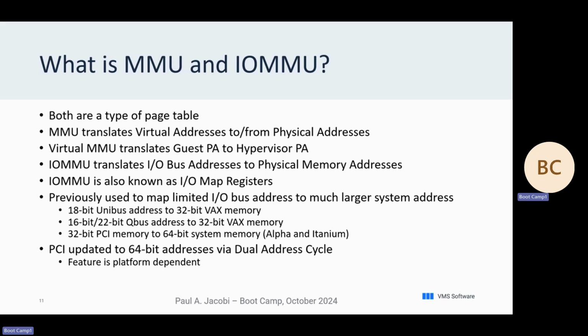And when I presented this new platform to a device driver writer, I thought they'd be excited about this feature because you wouldn't need map registers anymore, making the driver much simpler. But in fact, it made the driver much more complicated because this feature was going to be platform dependent, and the driver still had to maintain a set of code both with map registers and without map registers.